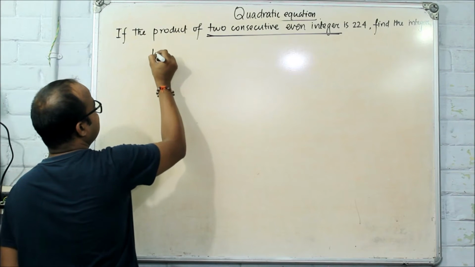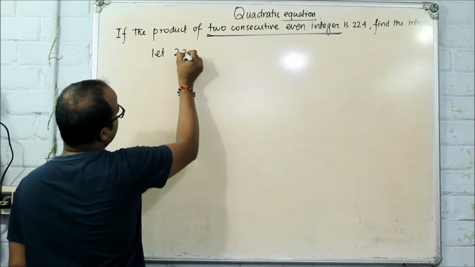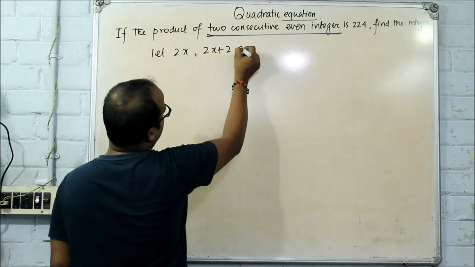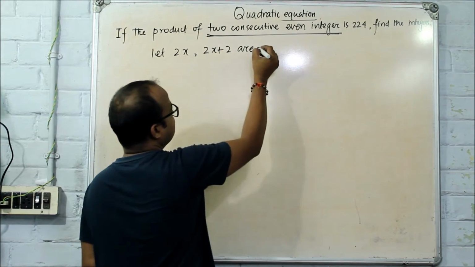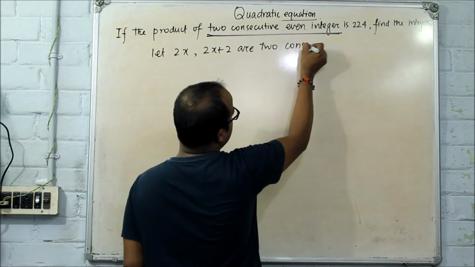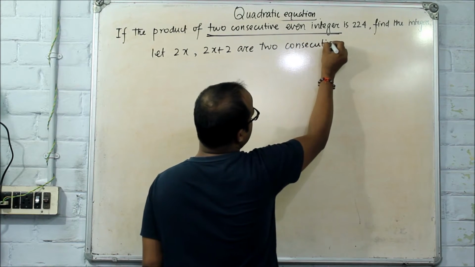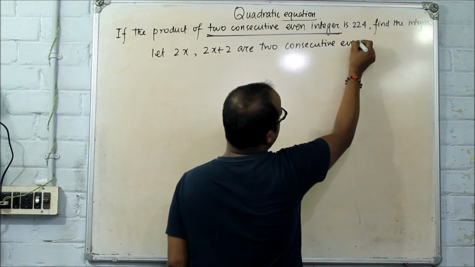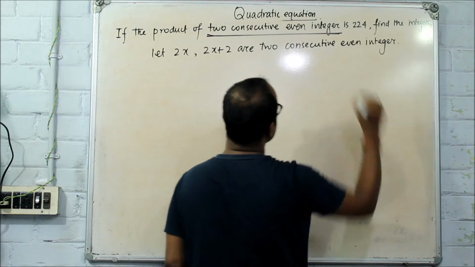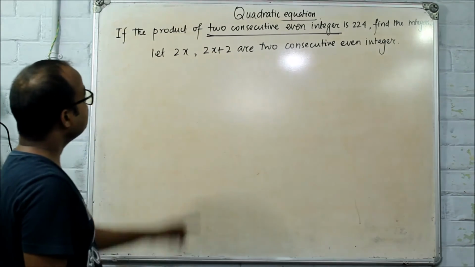So you will say let 2x, 2x plus 2 be two consecutive even integers. Now what is the condition given?